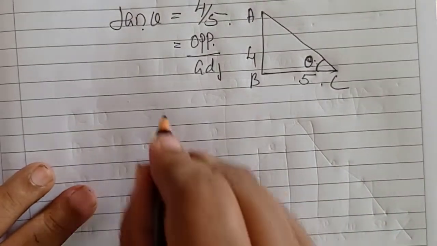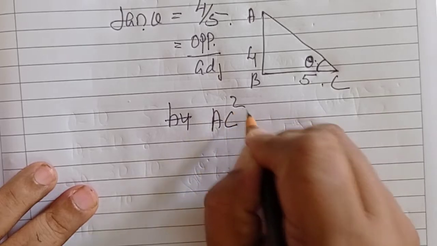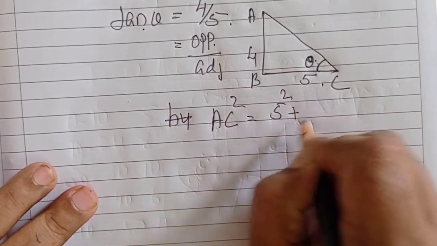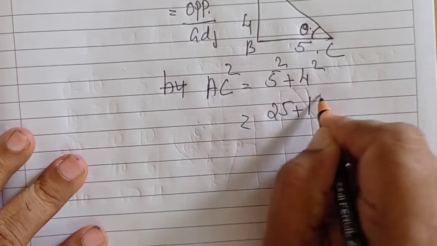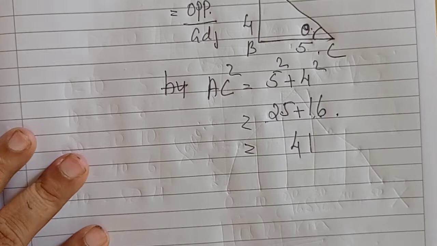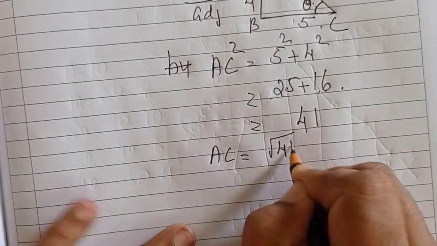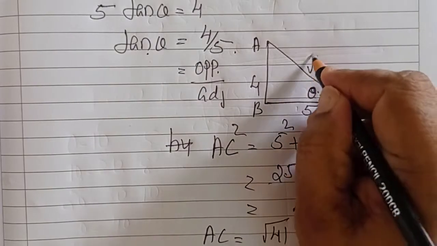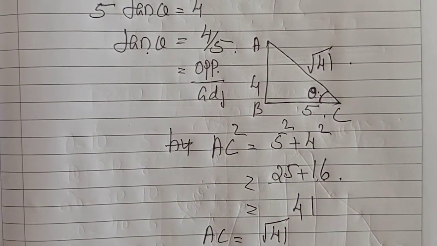What we need? We need the hypotenuse, or you can write AC square is 5 square plus 4 square. What is 5 square? 25 plus 4 square is 16. Is it 41? Therefore, AC is equal to root 41. Write that root 41. No confusion. Okay, students?